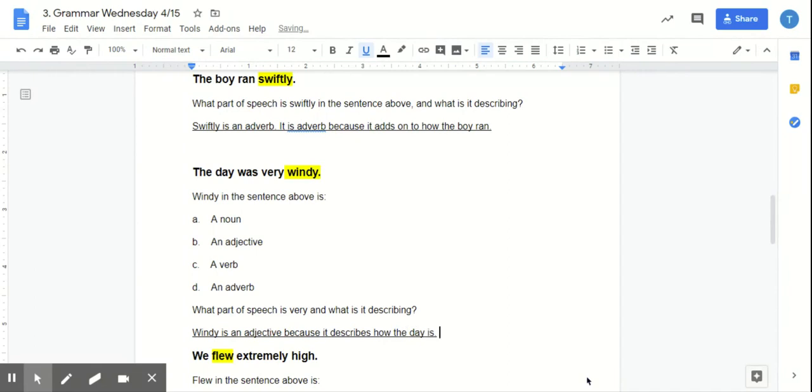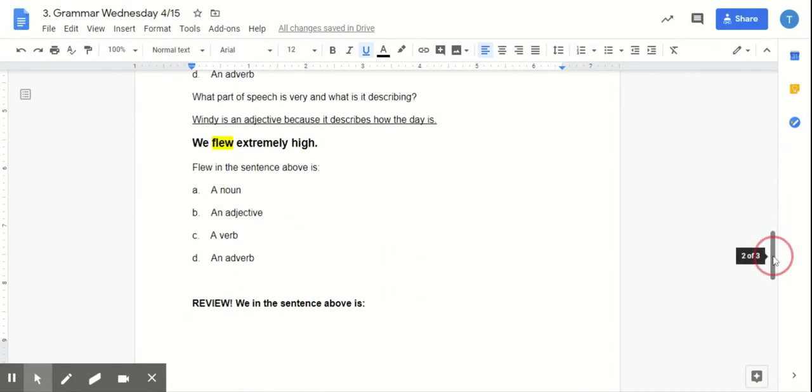It is not an adverb because very would technically be the adverb here, since very would describe how windy it is. Okay? It is not a verb because it's not something that you do. And it's not a noun because it's not a person, place, or thing. All right? So realize again, this is an adjective. Let's go down to the next one.